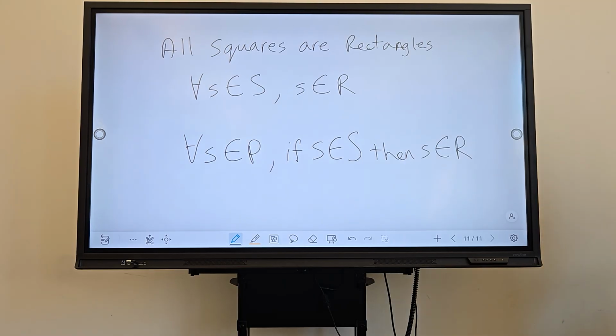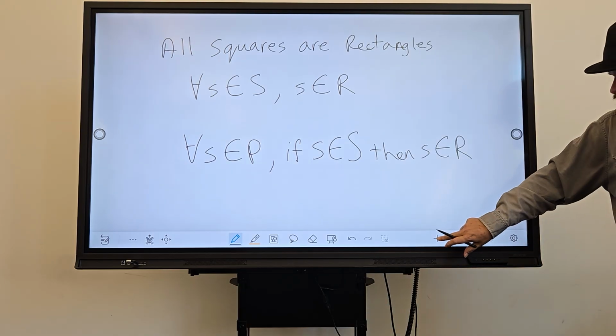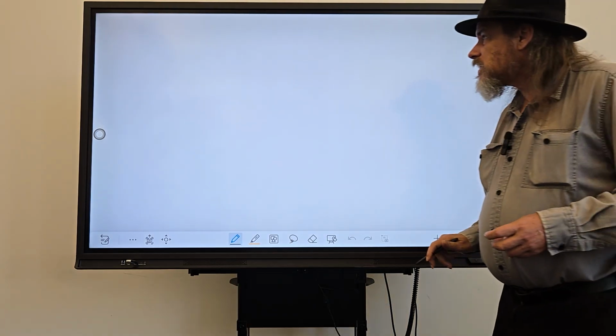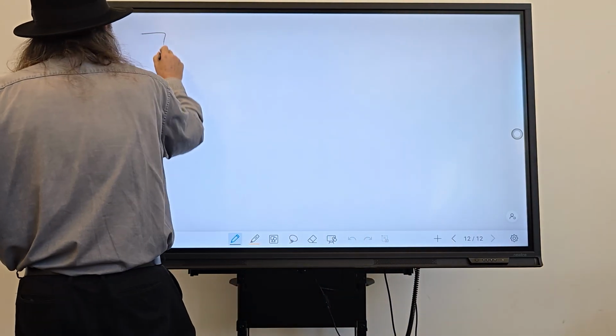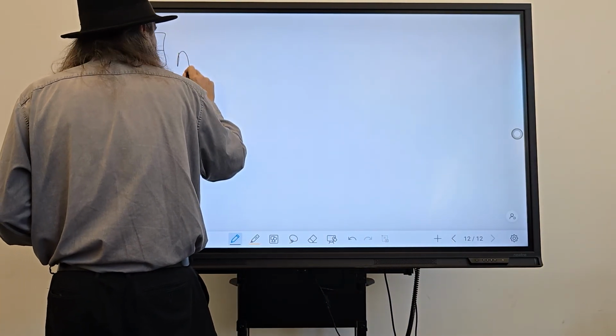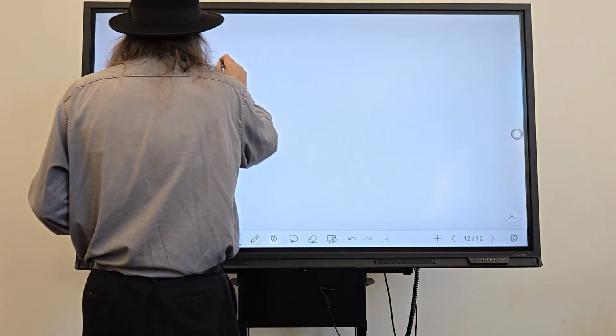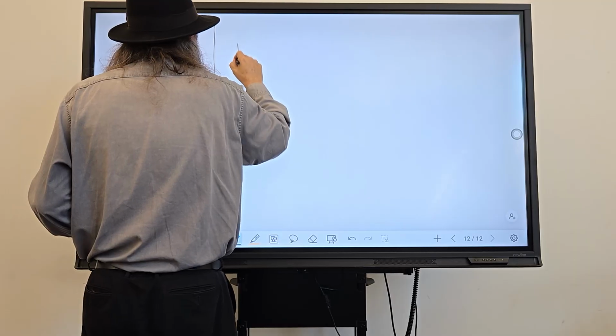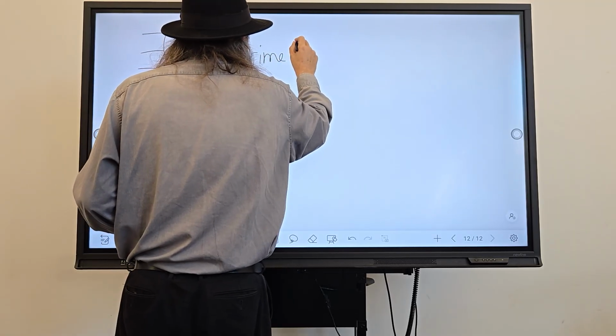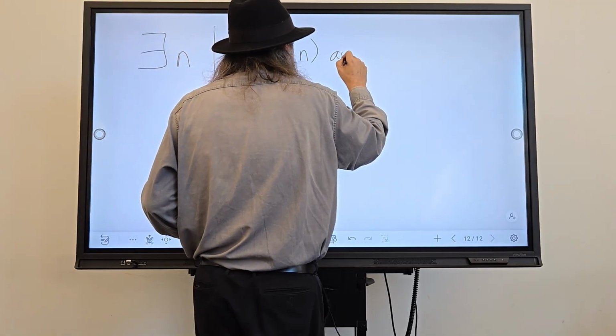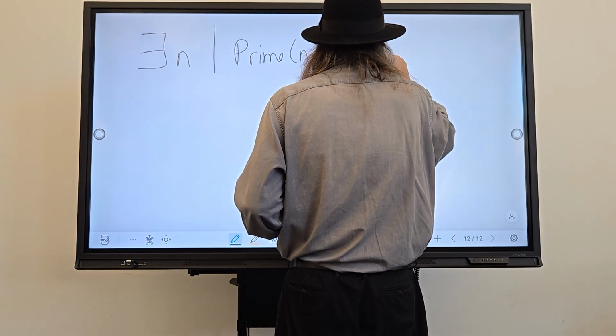You can also put ands in here, so there exists a number n such that n is prime and n is even.